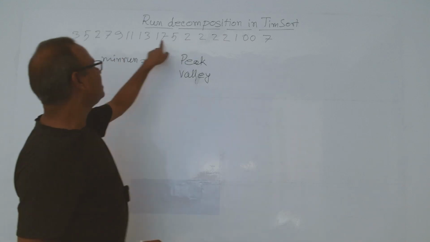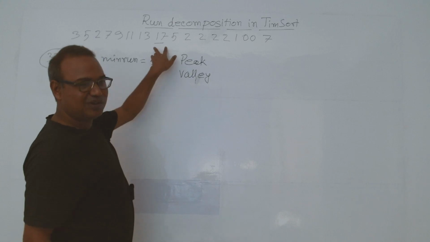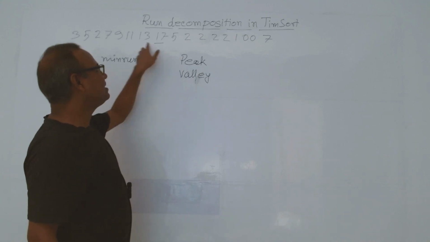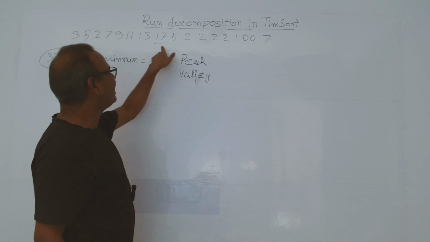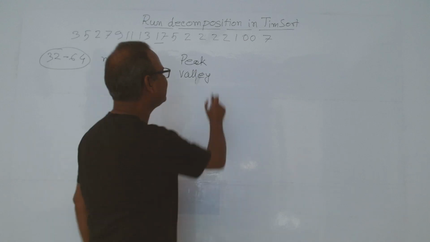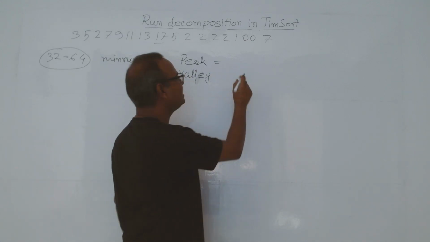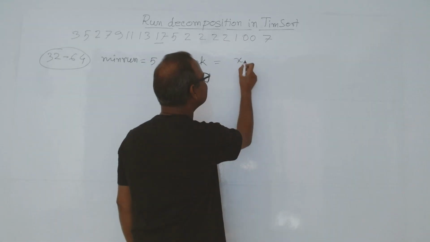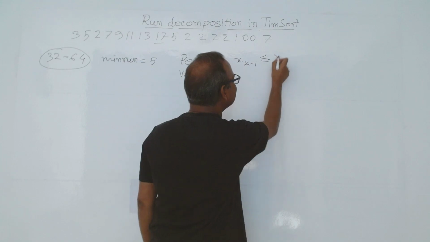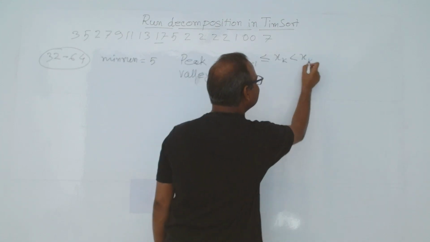Okay, here 17 is the peak. So what is the definition of peak? The definition of peak is when the previous element is smaller and the next element is also smaller. So a point xk is a peak if x(k-1) less than or equal to xk, greater than x(k+1).